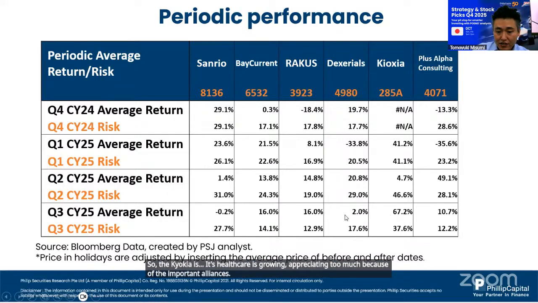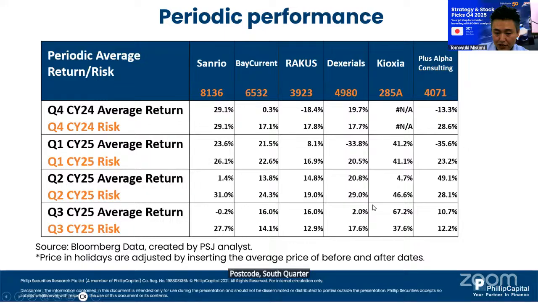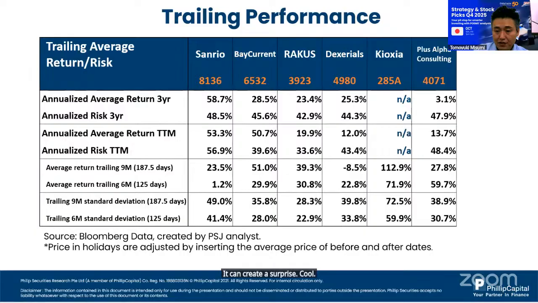The XTRs is also going back to, and their return in the third quarter of 2025 is moderate, but if some surprise in the optical receiver is observed in the fourth quarter, it can create a surprise. So let's see the trading performance.